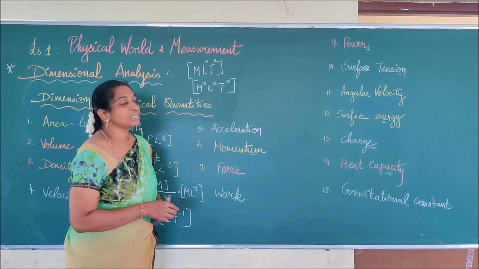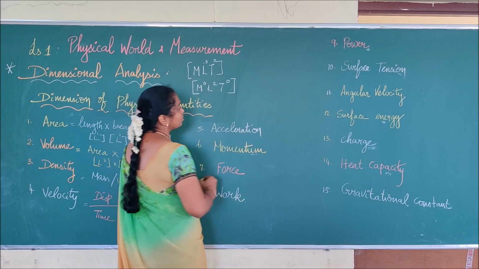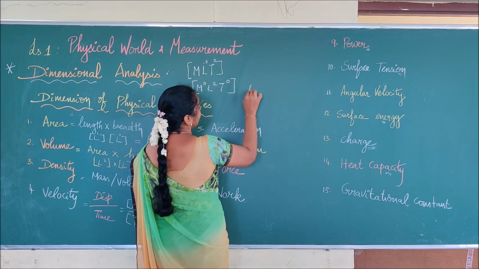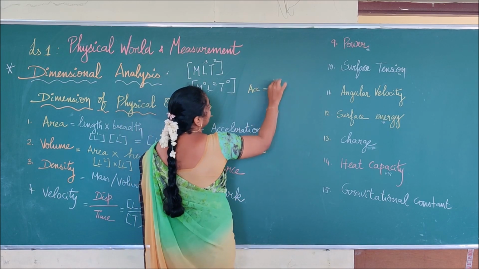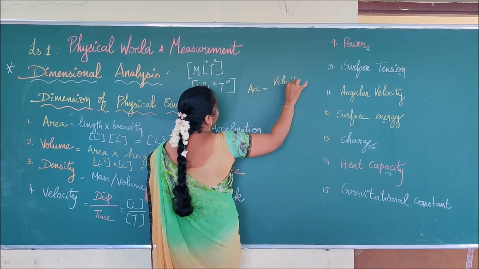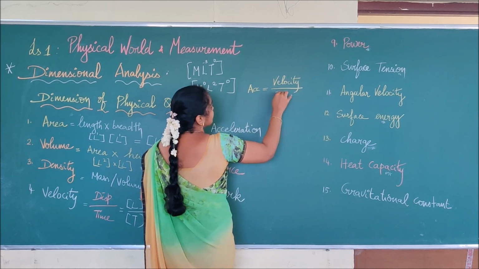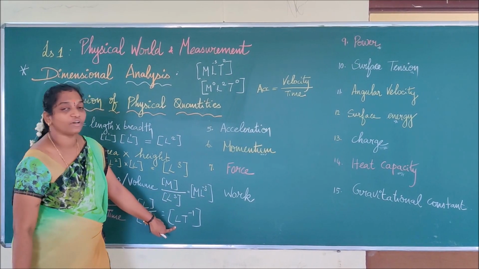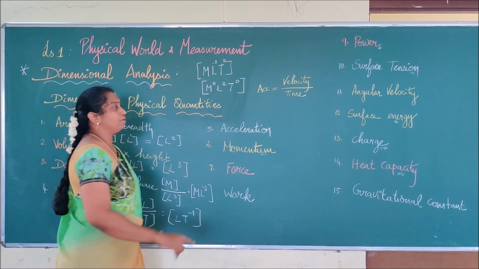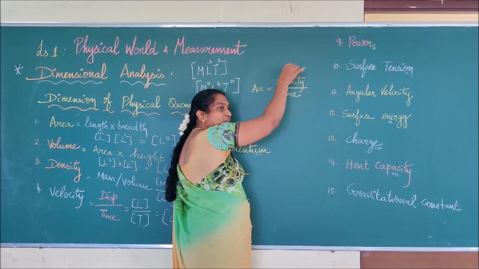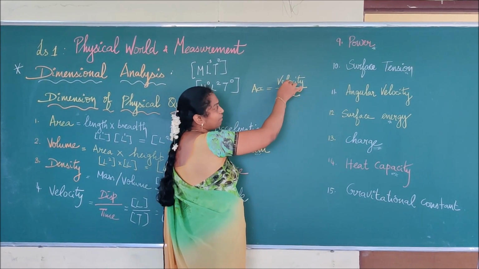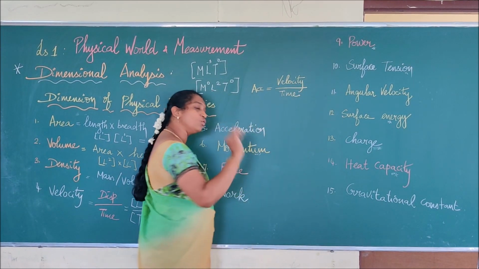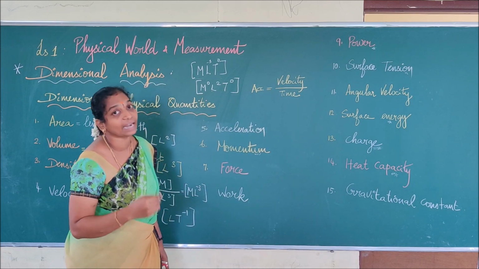Right. Now we come to acceleration. What is the acceleration value? Acceleration is equal to velocity by time taken. We have to remember that. What is the dimensional formula for velocity? We can directly derive it: velocity is equal to displacement by time taken. Otherwise, if we know the dimension for velocity, we can directly substitute.